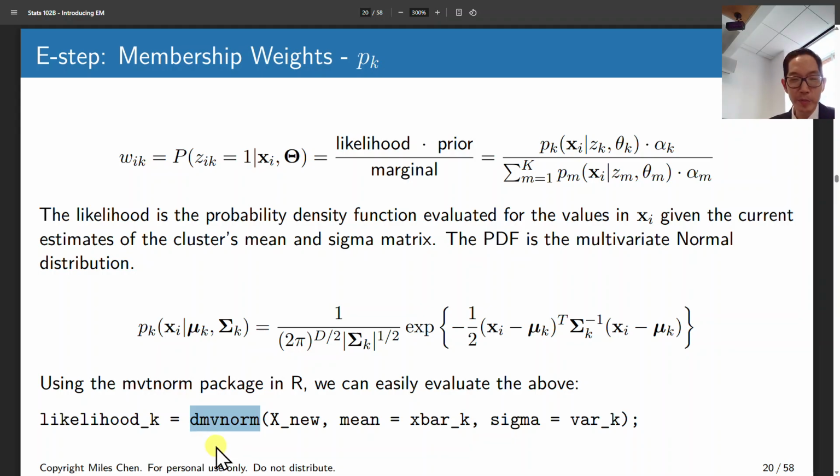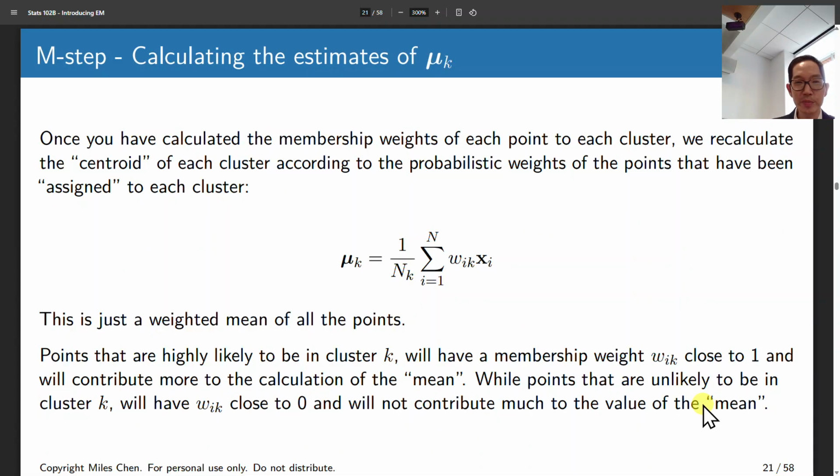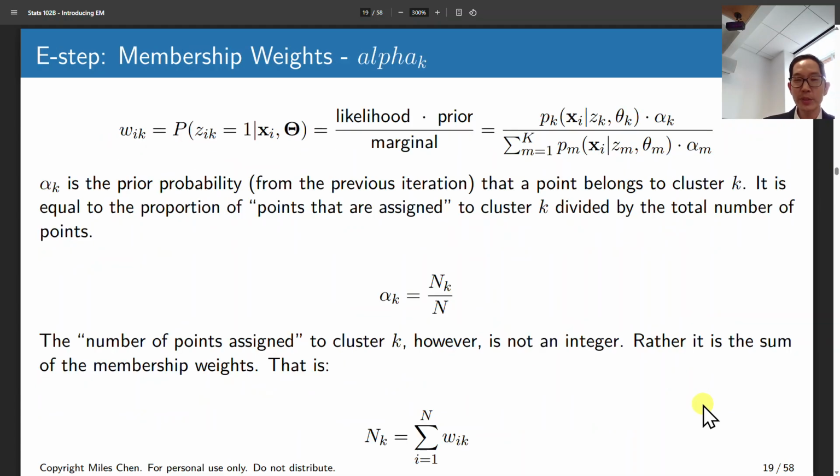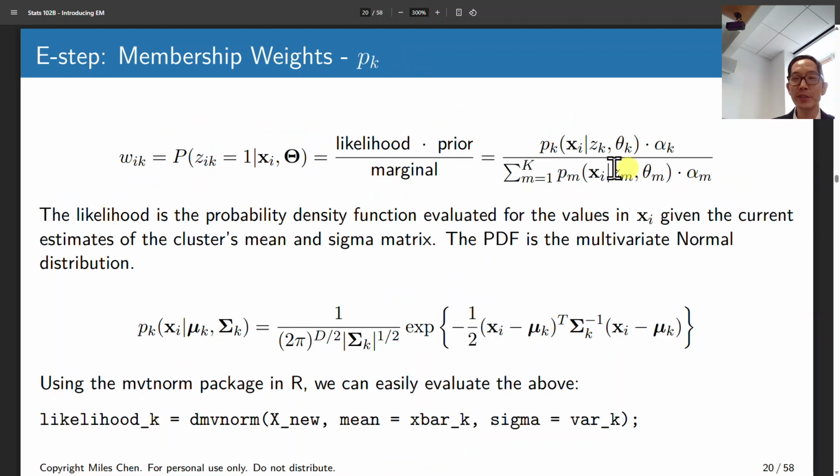We just say dmvnorm, and then we plug in our new value and our current estimates of the mean and standard deviation, or sigma matrix. Okay, so that's how we're going to estimate our membership weights. We need our likelihood and our prior, and then we sum them up to get our marginal, but we can do that.